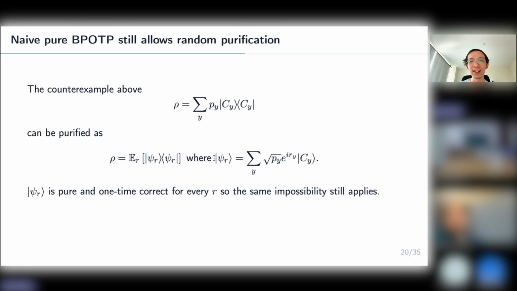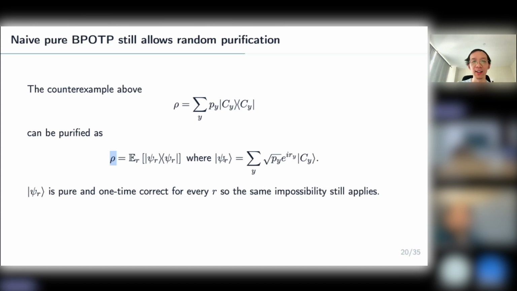So the idea is that we're going to consider some random phases R and consider the class of pure state family where you have basically a superposition of square root p_y |c_y>, and then you just add some random phases in front to hide the fact that this is a superposition. So if you average over the random phases, then what you get back is exactly the same density matrix.